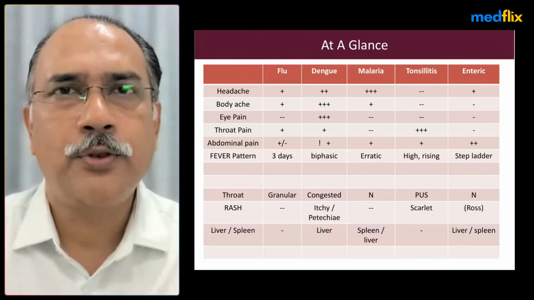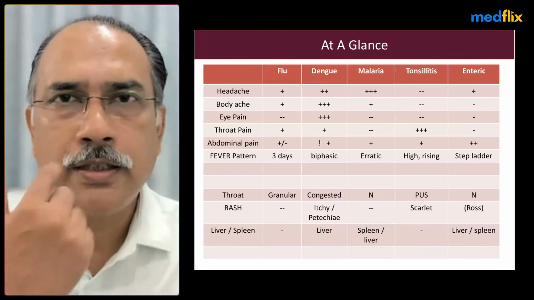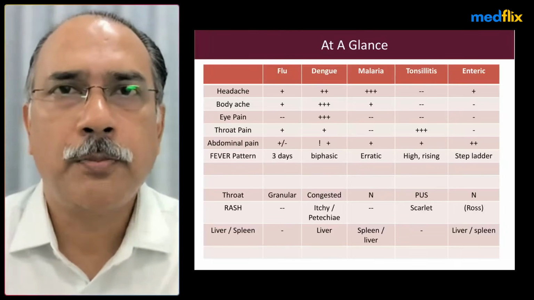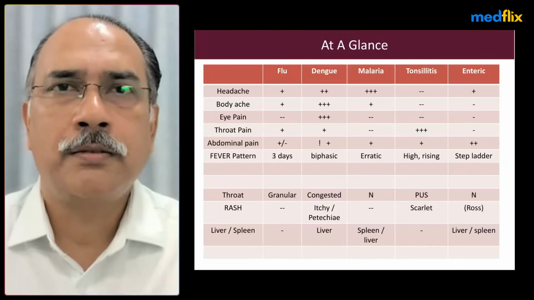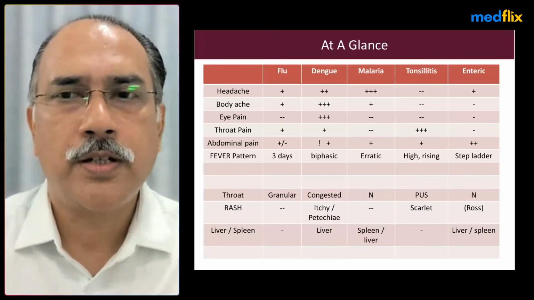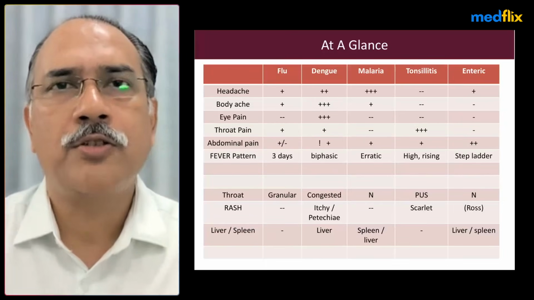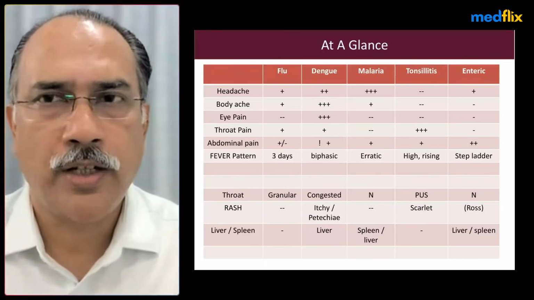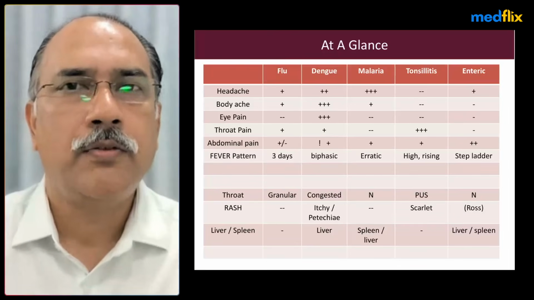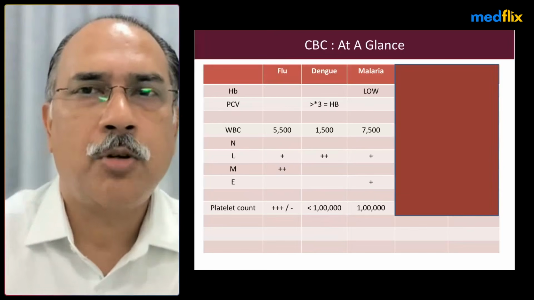But on the other hand, if you got a rash on this child which started around the face with sparing of the perioral region, and it was rough, predominantly in the elbows and behind the knees, then you would start thinking in terms of scarlet fever. If you had a child with fever which was not so bad in the first couple of days but kept on increasing and now has liver and spleen enlargement, one would think about non-localizing bacterial infection and think about enteric fever as a cause.